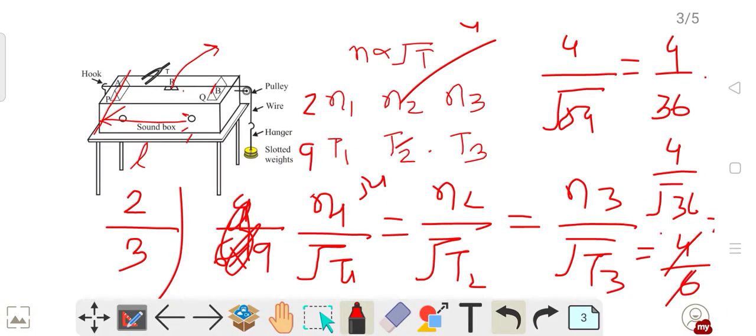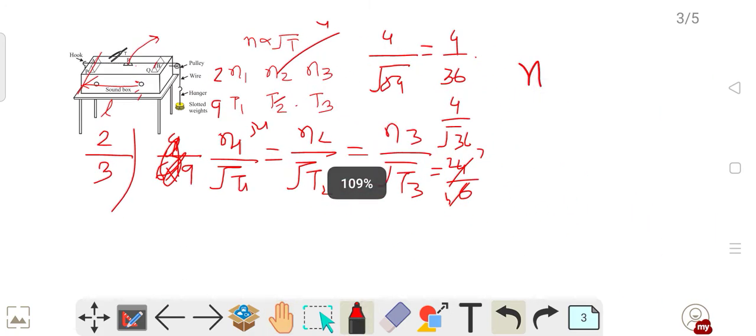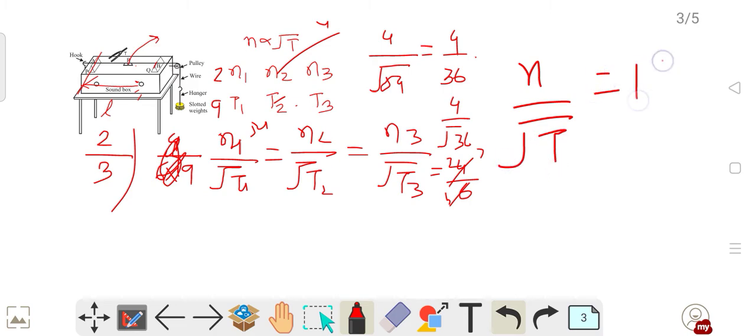So when they kept on taking the readings, this came like this, and that is how n upon root t became constant. So this is how the second law was verified.